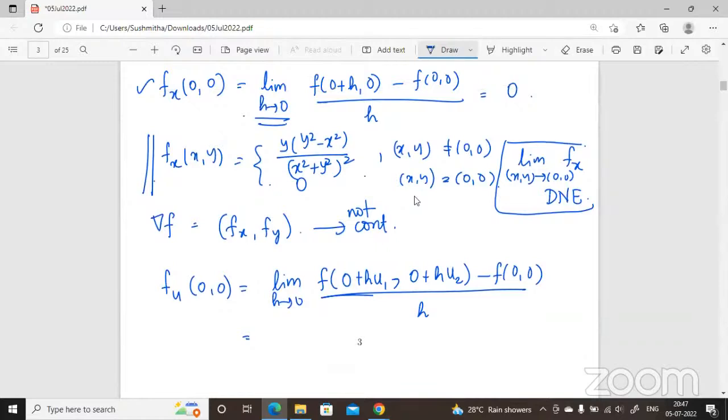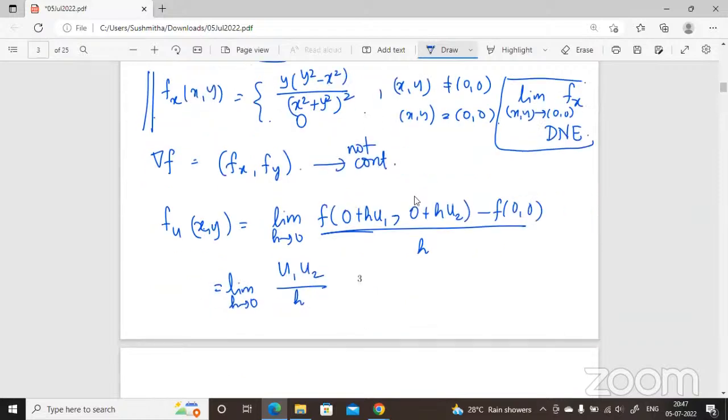And then the partial derivatives, something I remember was something like u1, u2 by h, right? With h in the denominator, the limit would not exist, provided u1 and u2 are non-zero. If one of those two is 0, then the limit is 0.